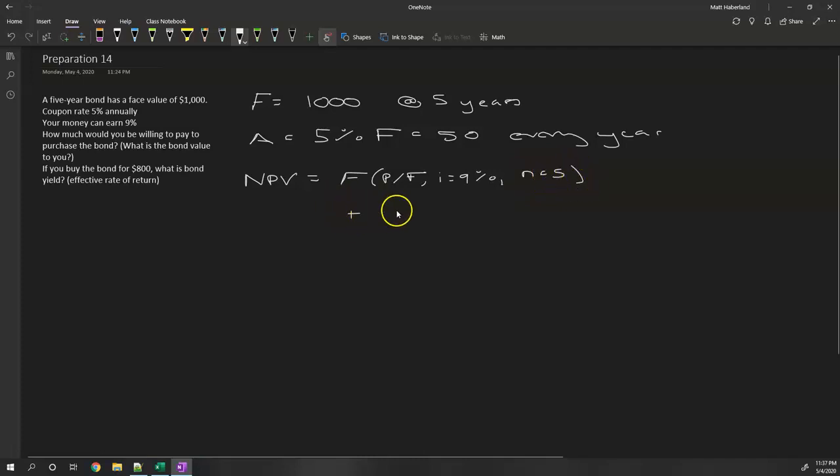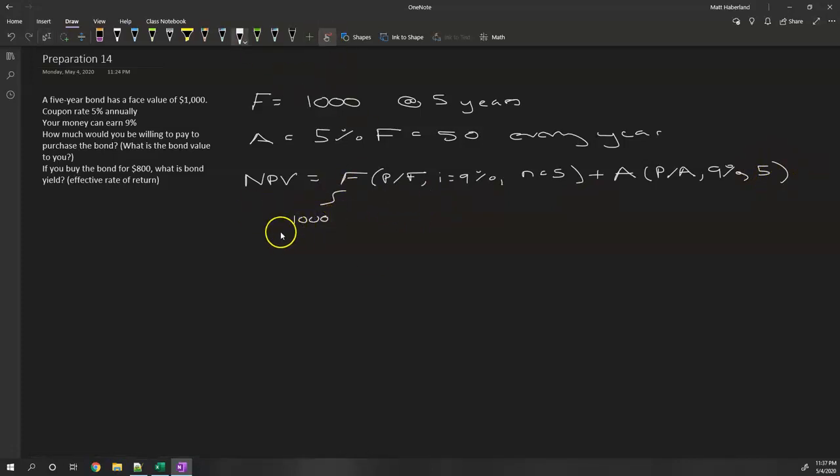Plus we've got an annuity, actually I'm going to write it here, plus an annuity, and we need the P over A factor, 9%, also 5 years. So this F here is $1,000. You're all experts at looking up discount factors these days, so I'll skip that here.